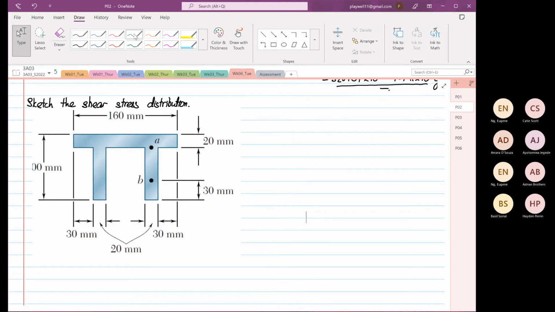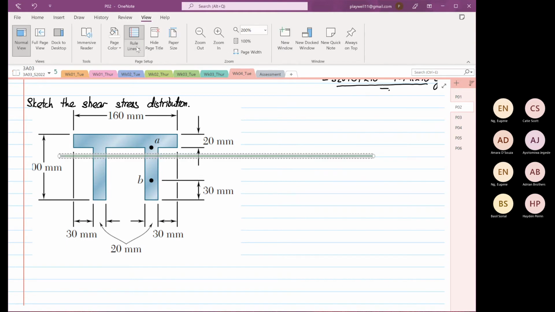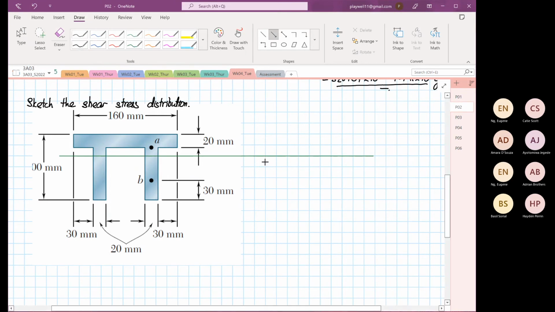Then I'm going to sketch our centroid. Centroid. Then we're going to have our axis.